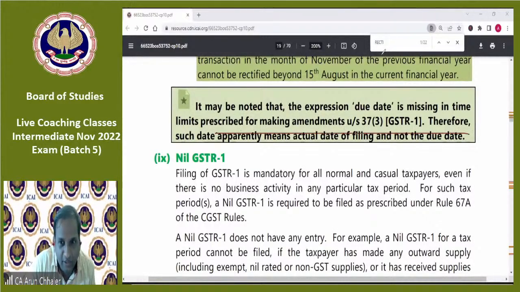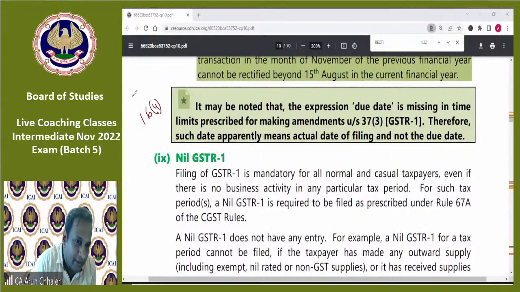Now, please note the difference. Section 16 subsection 4 and section 37 subsection 3.